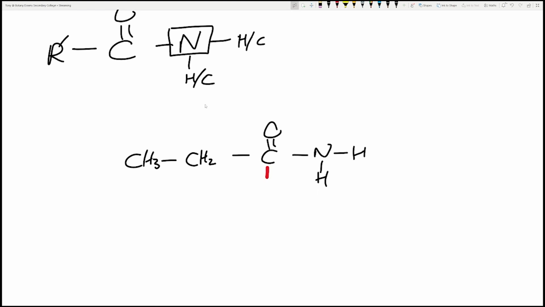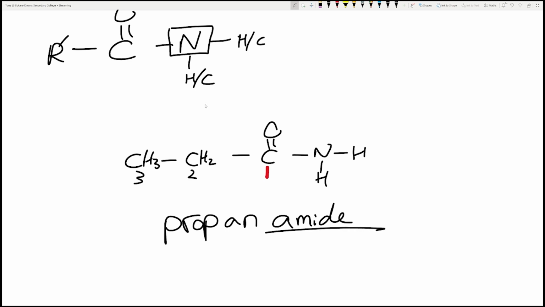This carbon is by default number 1, and then you just count 1, 2, 3, and this will give us propan, and then the suffix is just amide, so just propanamide. Nice and easy. You don't need to say 1-propan-1-amide, because this carbon with a CON is by default carbon number 1. So propanamide.